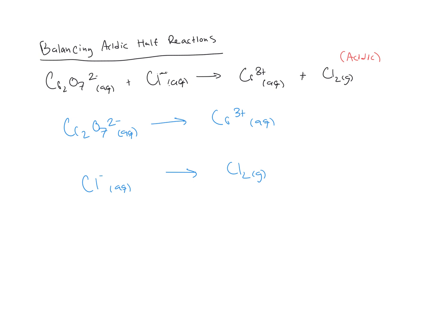That's just splitting the reaction up into its constituent parts. Now, we're told, of course, that this is done in acidic solution, and so to whichever reaction has oxygen, we add H+ to the reactants, and we add H2O to the products to help us balance it.